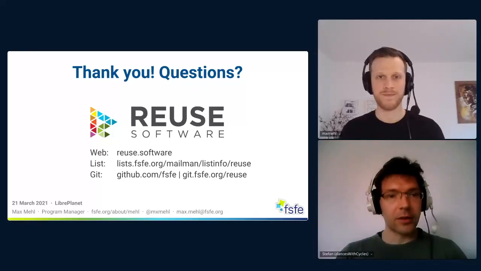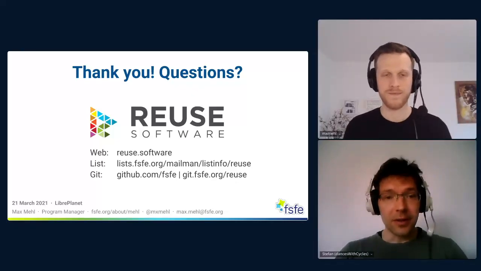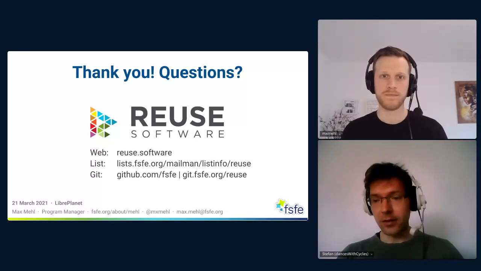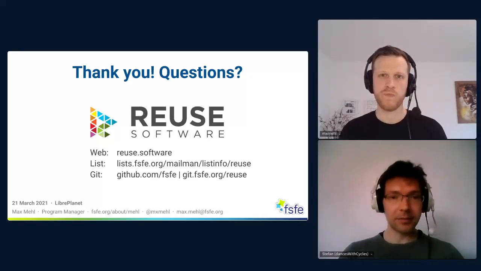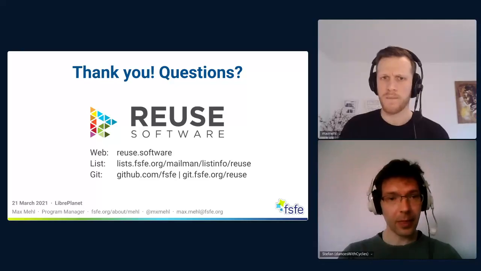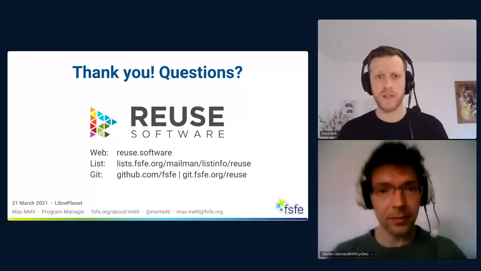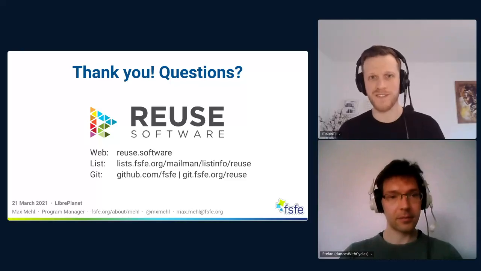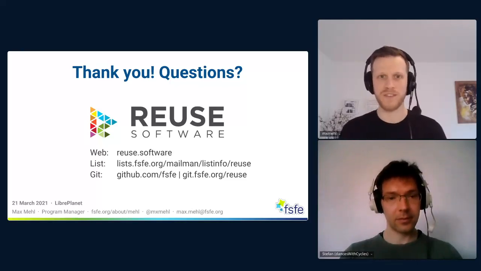There was one question: is there any specific handling of Apache 2.0 notice files? So can you say something about that, Max? I'm not sure what you mean with notice files. Not really, no. We have many licenses, like MIT or BSD licenses, that are customized in a sense.